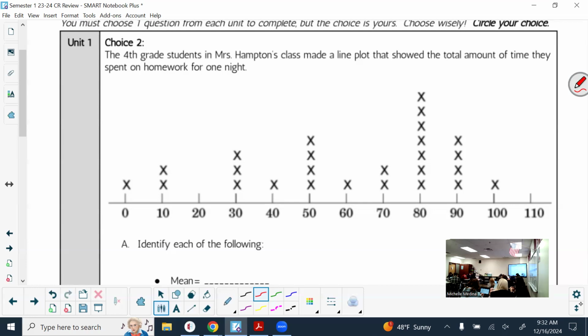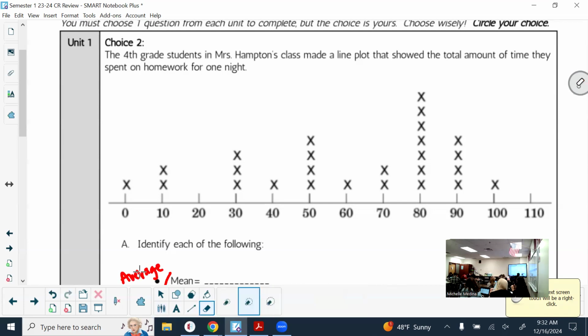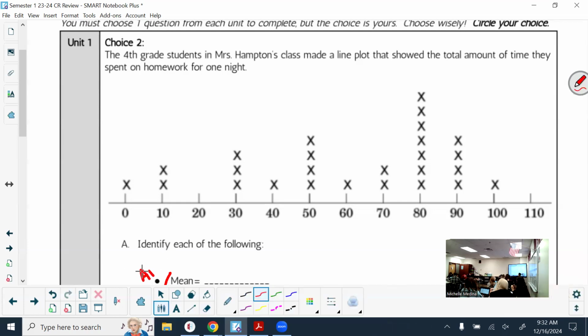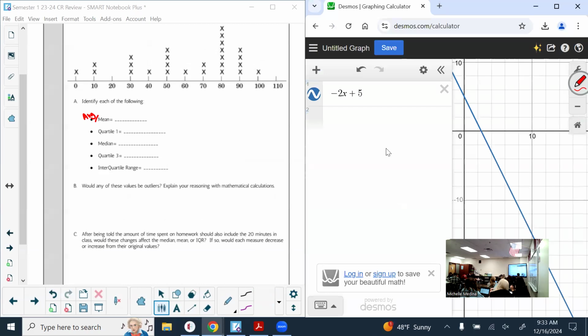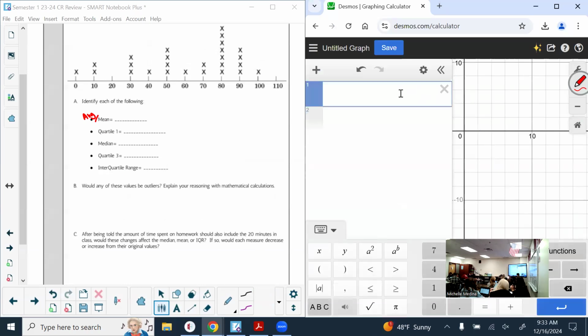So that's the one where you have to add up all the numbers and divide by however many numbers you added. I would recommend a calculator. Since you're having to use a calculator for that anyway, what I'd probably use is a calculator for almost all of that stuff.